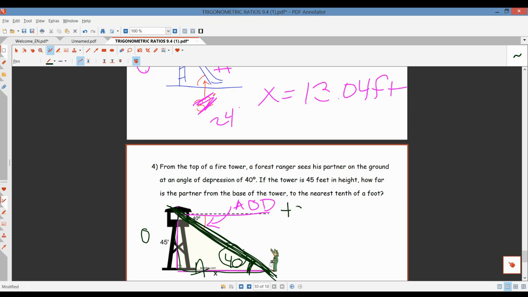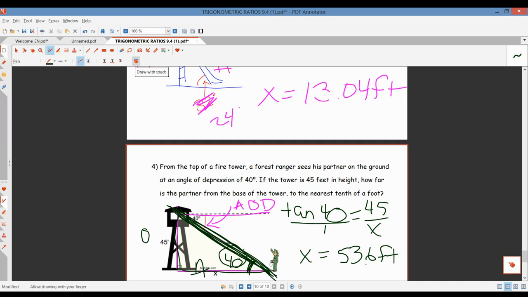So I have tan of 40 equals 45 over x. Again, we're going to make that proportion, cross multiply and solve, and x equals 53.6 feet.